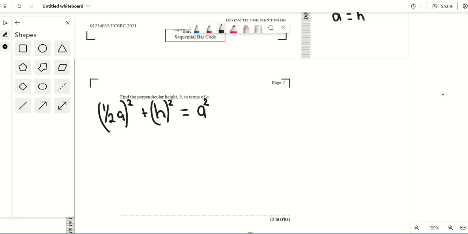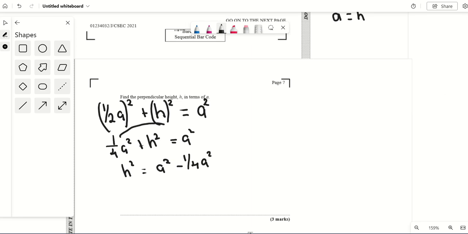They told you to find the perpendicular height in terms of A, meaning make H the subject of the formula. So first off, a half A all squared is a half A multiplied by half A, which is 1/4 A squared, plus H squared is equal to A squared. Then we are going to carry this across, so it's going to be H squared is equal to A squared minus 1/4 A squared.